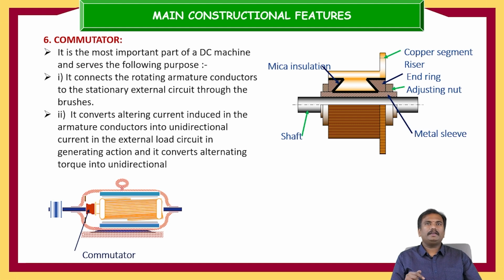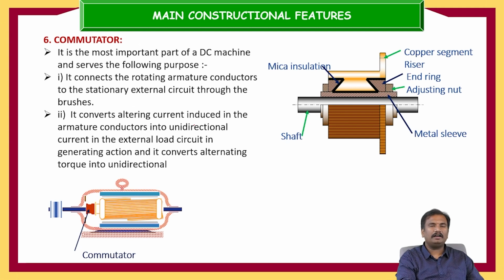And the next and most important part is the commutator. This is the part which connects the armature winding and the brushes. It serves the following two purposes. It connects the rotating armature conductors to the stationary external circuit through the brushes.